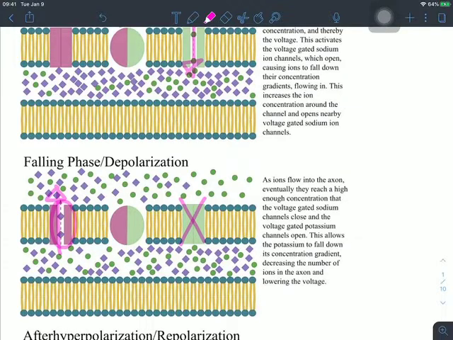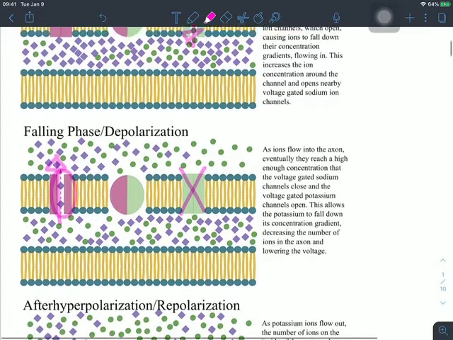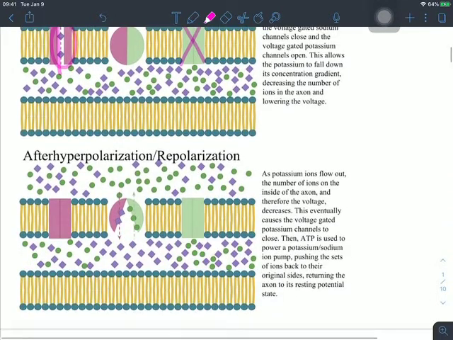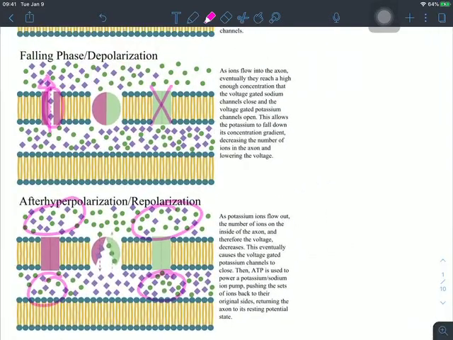In this depolarization, we then reach a hyperpolarization or subsequent repolarization, wherein the ions are fairly mixed on both sides, but this is very far away from our resting potential as seen above.